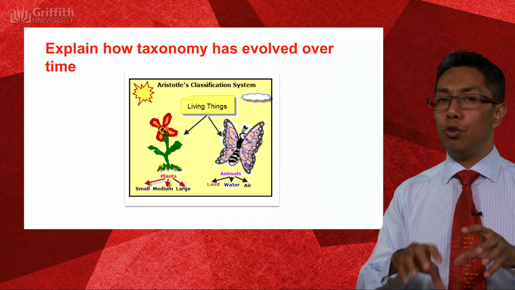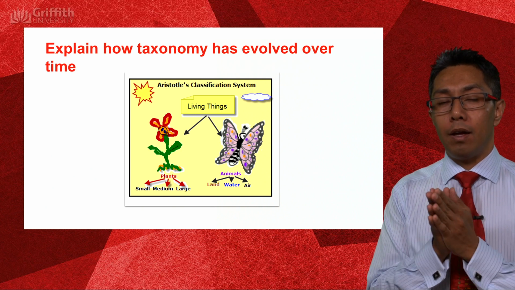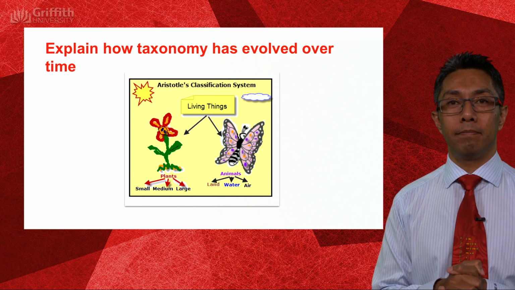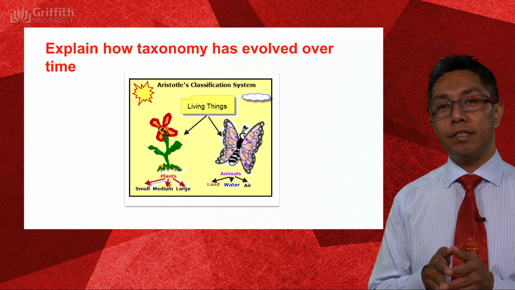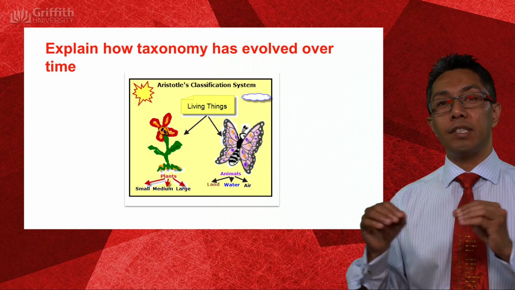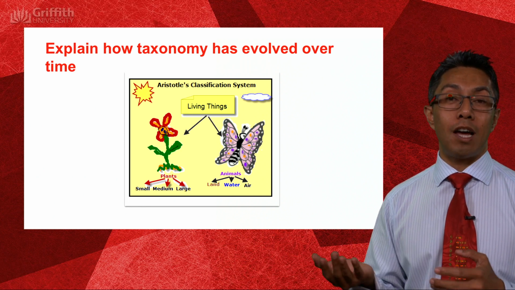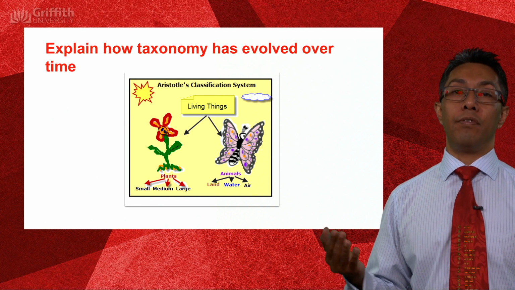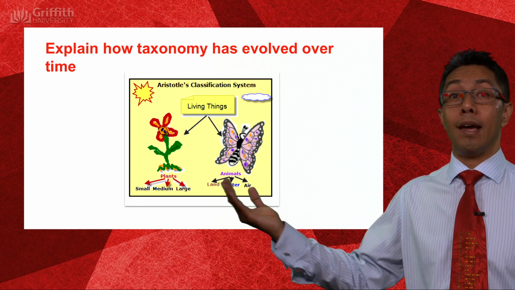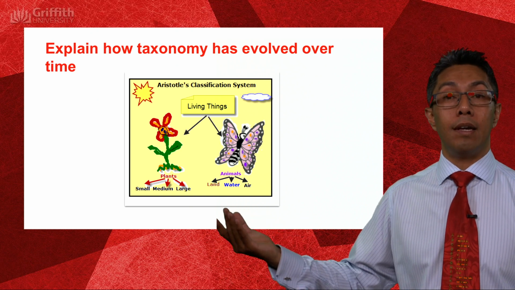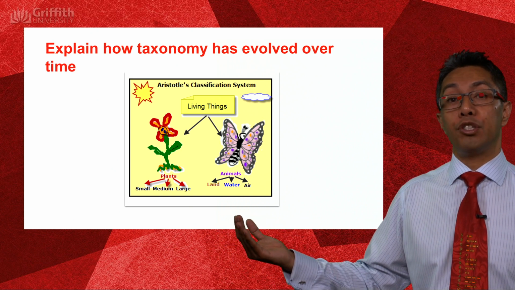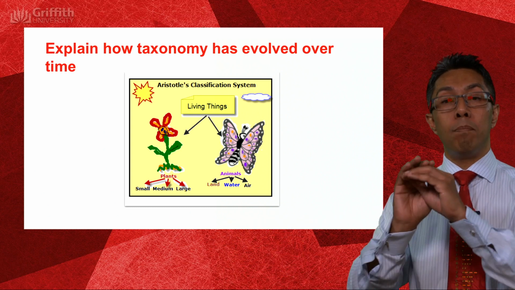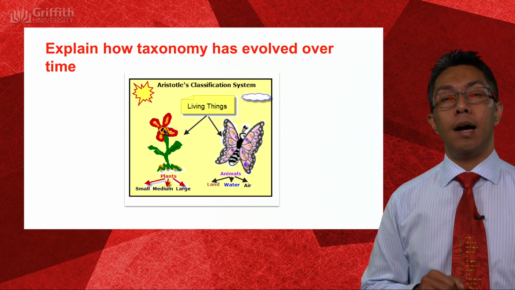Now, the consequence of having that first level of division being whether things are motile or sessile really presents a few problems. For example, fungi would be classified as a plant under this Aristotelian classification system, and so would limpets, and so would a lot of those mollusks which cling to rocks.